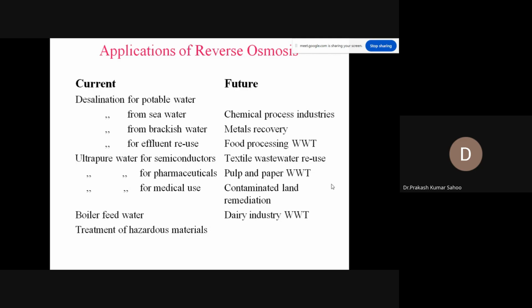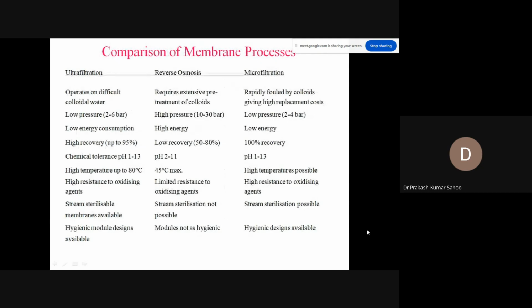Due to the presence of a semi-permeable membrane, the dissolved solids get separated, or we may say it is the movement of solvent particles from higher concentration to lower concentration. So that's why this is a very important phenomenon.